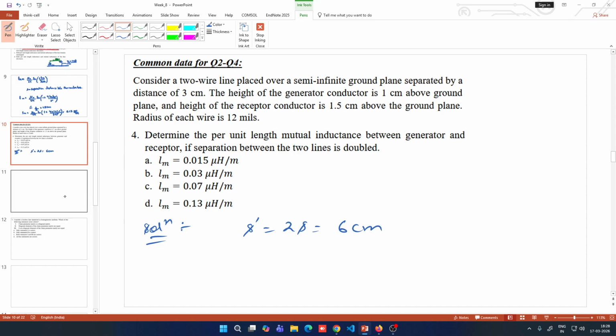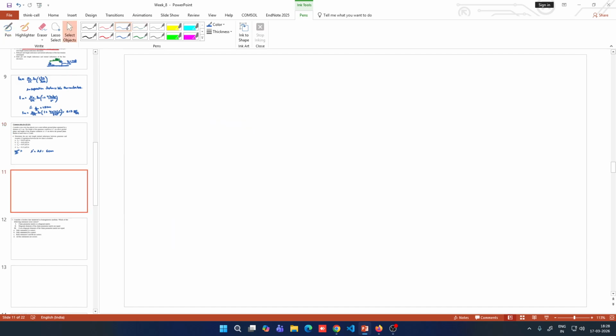Same thing, we have to calculate the mutual inductance. Same formula, Lm is mu naught by 4 pi ln 1 plus 4 times hg into hr by s square.